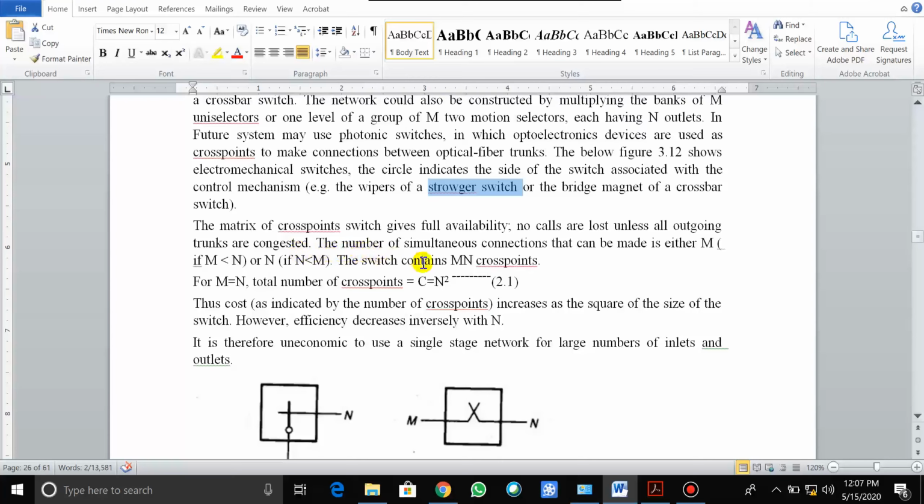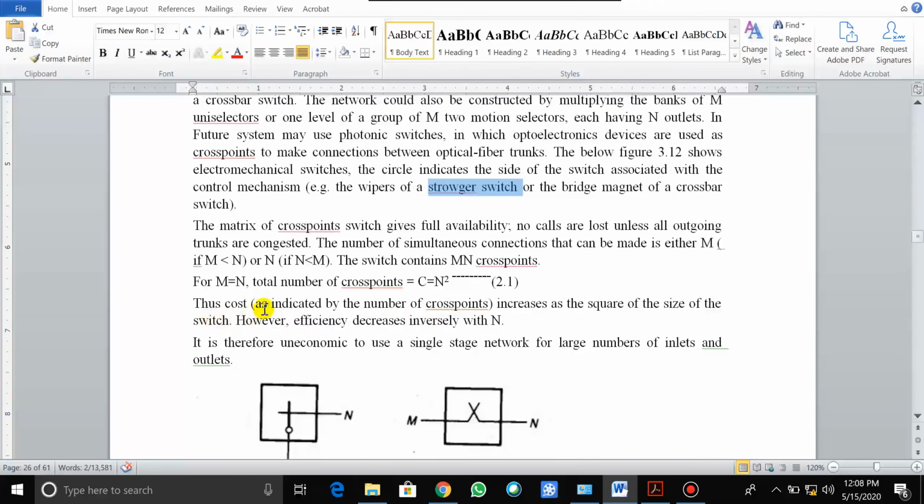So the number of simultaneous connections that can be made is either M, if M is less than N, or N, if N is less than M. The switch contains MN crosspoints. So for M equal to N, the total number of crosspoints is C equal to N square.